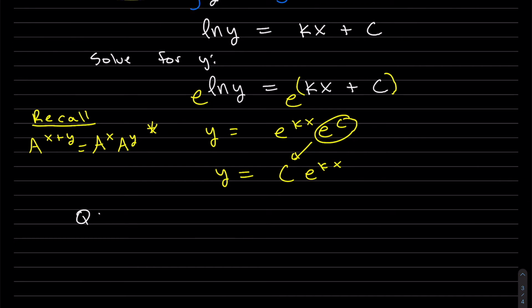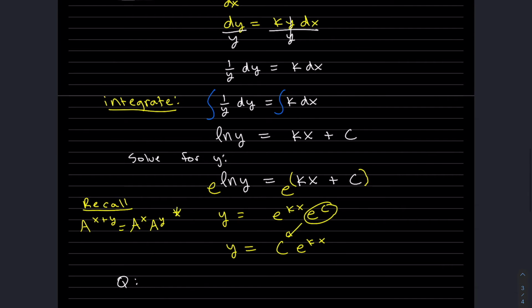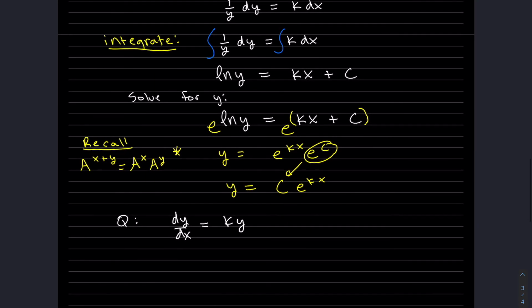So I do have a question. Remember our original dy/dx equals ky. My question is, what about the solution y is equal to 0? If I plug this in to see if it's a solution, dy/dx is also equal to 0.